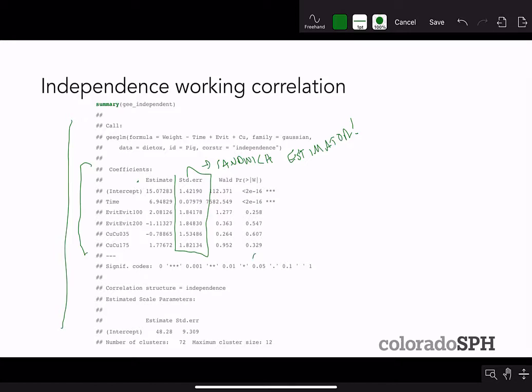And you're getting some p-values. In this case, the only thing that we see as significant is the relationship over time. None of the levels of the doses of vitamin E or copper are significant here.